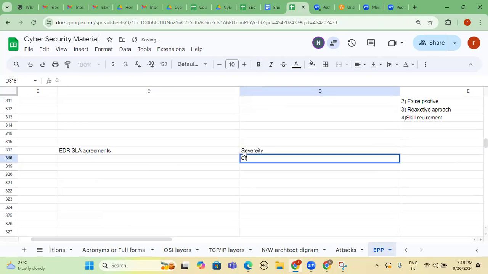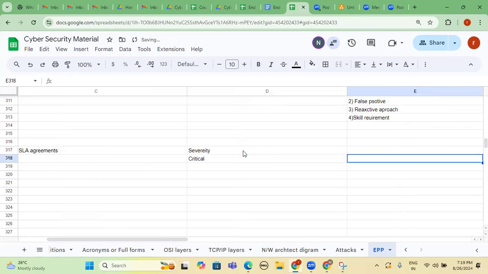As I said, critical, you have to fix in, basically we'll keep only 4 hours. In 4 hours, it's impossible to work on priority one incidents. It will even take 24 hours, but anyway, we'll keep 8 hours. In my organization, we are following this. So company to company, organization to organization, these SLAs will vary.